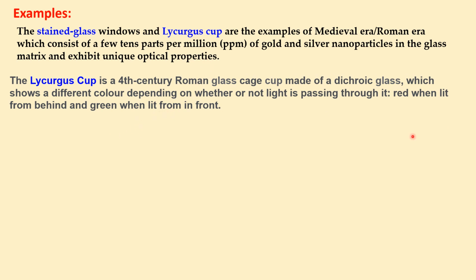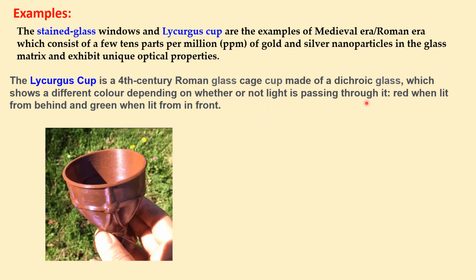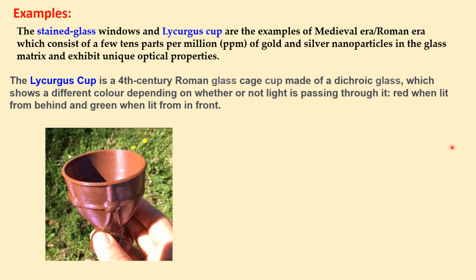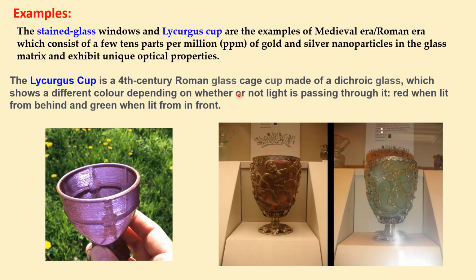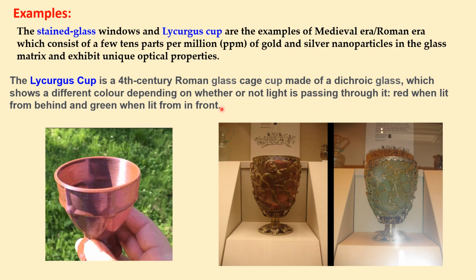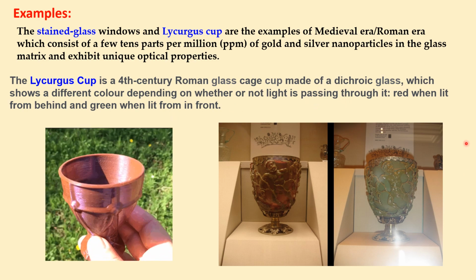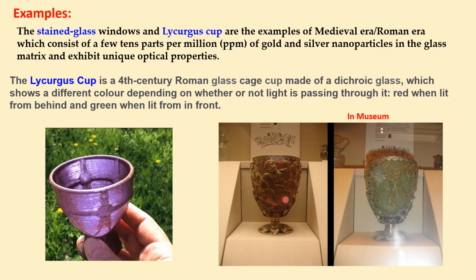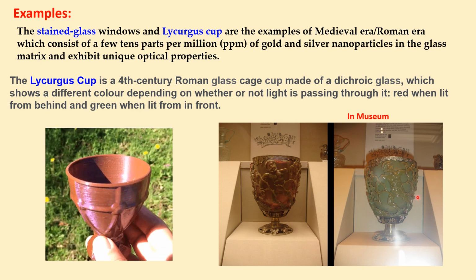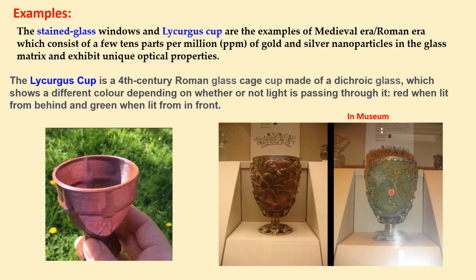The Lycurgus cup is like this. It is made from dichroic glass, which shows different colors when light falls on it from behind and from the front. These cups are still in the museum in London. Here we can see the color is red if the light is coming from behind, and green when light is coming from the front.